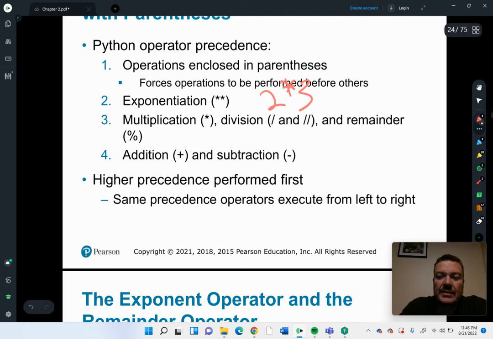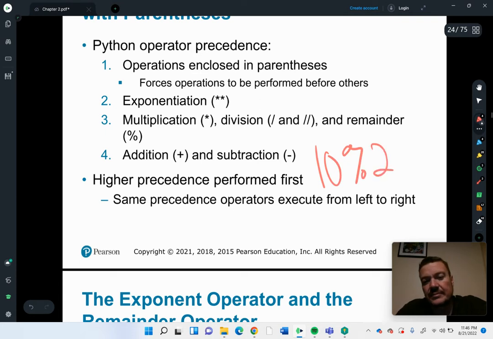Modulus, or remainder, gives us the remainder after division. So let's say we say 10 modulus 2.